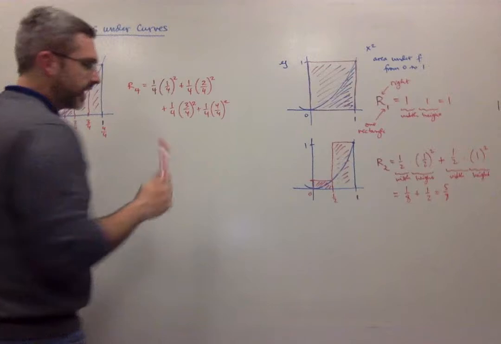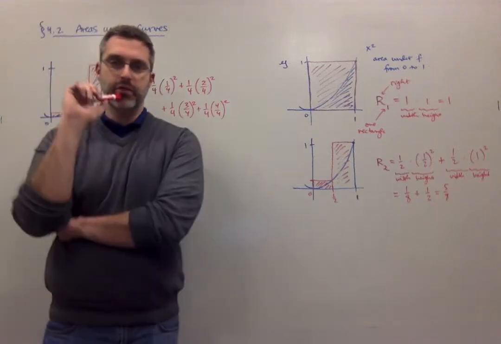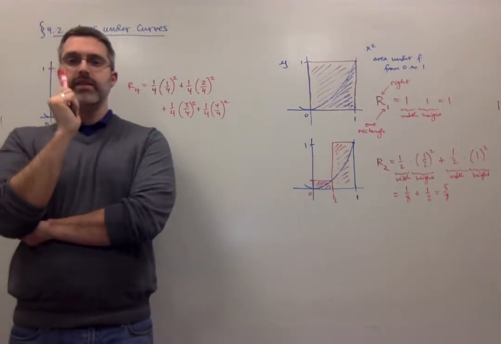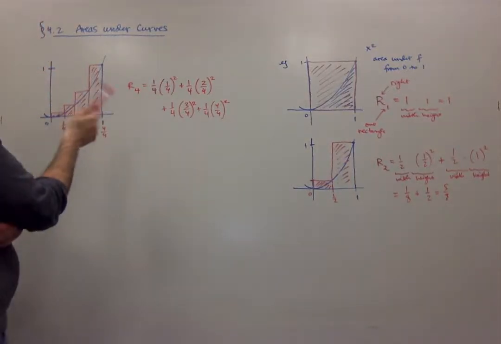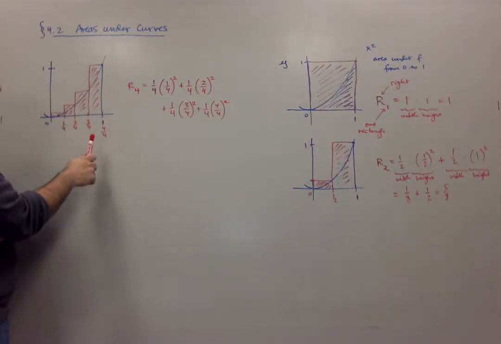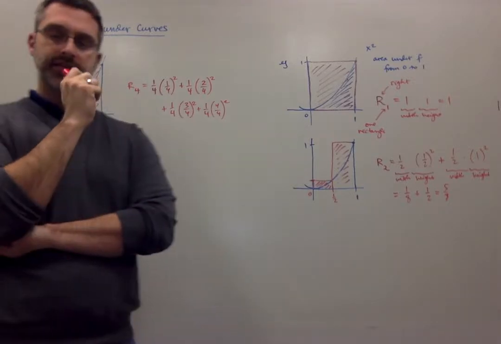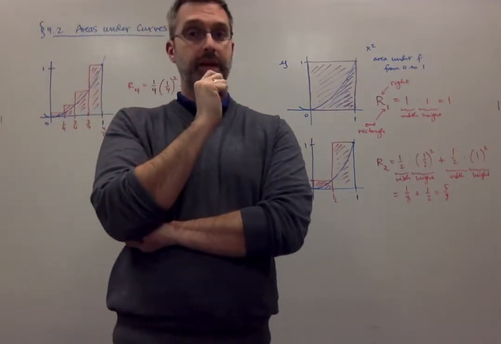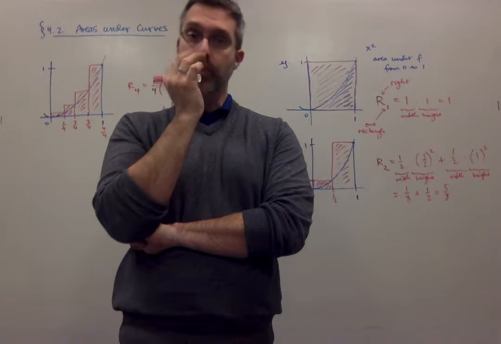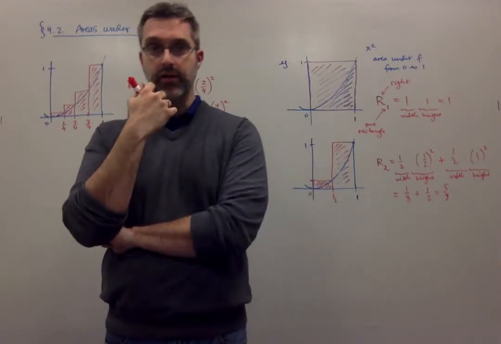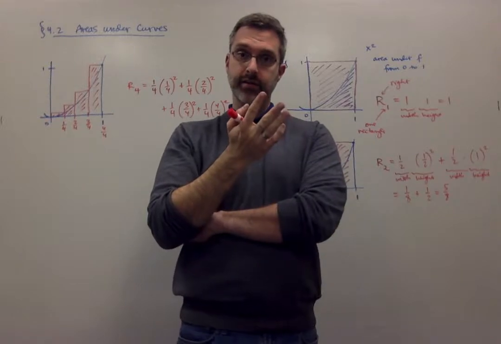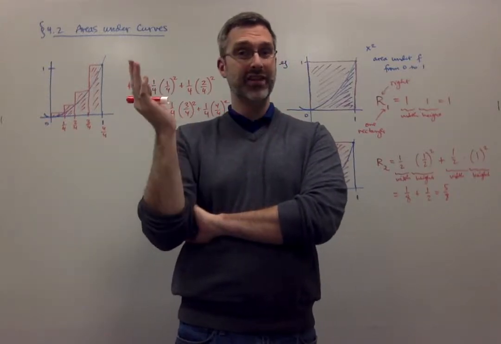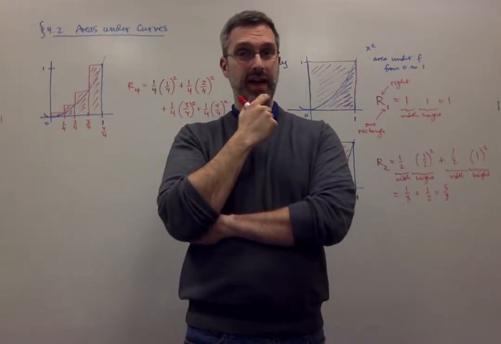So what do you think I'm probably going to do at this point? The idea that Newton had was that the more rectangles I use, instead of 1 or 2 or 3 or 4 or 8 or 10, the better my approximation seems to be. So why don't I figure out what the area is with n rectangles and then let n go to infinity and see what happens?